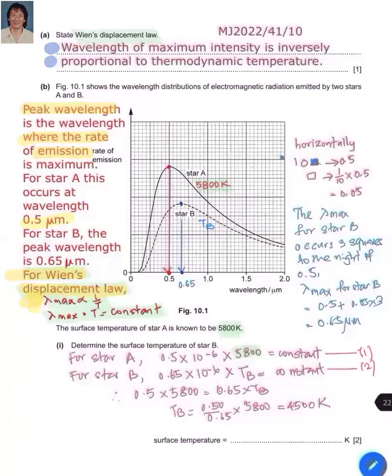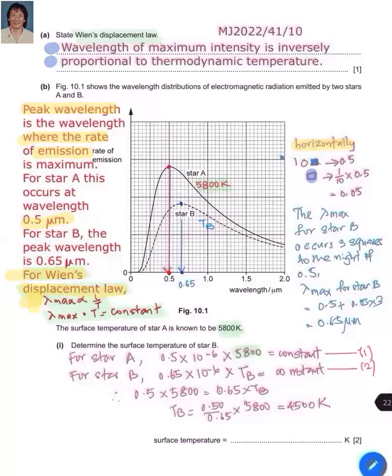Now, how about the peak wavelength for star B? In order to answer this question, you must understand how much is represented by 10 squares horizontally. Now, 1 square is the blue one. So 10 squares represent 0.5. So 1 blue square represents 1 over 10 times 0.5.